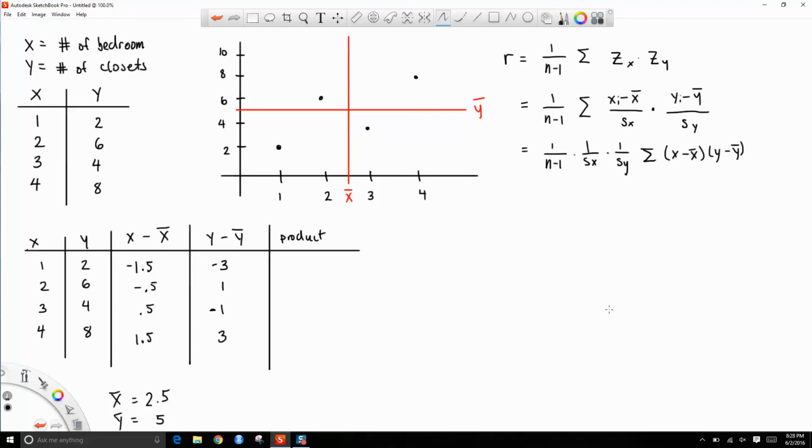Okay, and so when I multiply these together, I get a positive 4.5. Negative 1.5 times -3 is positive 4.5. Here I get a negative 0.5. Here I also get a negative 0.5. And here I get a positive 4.5.